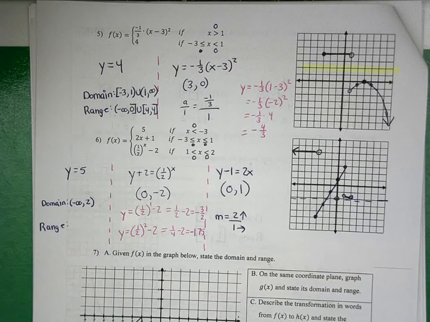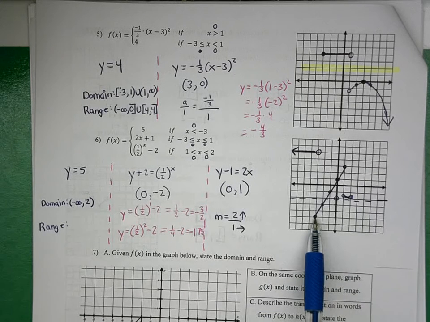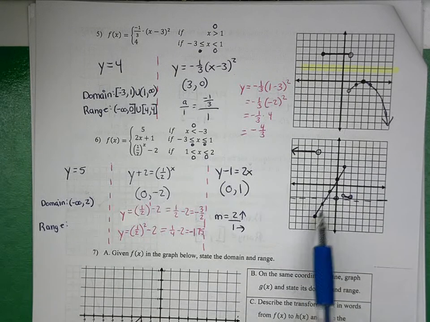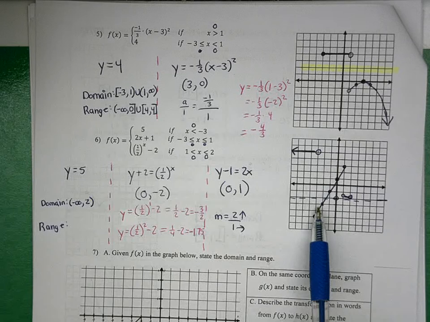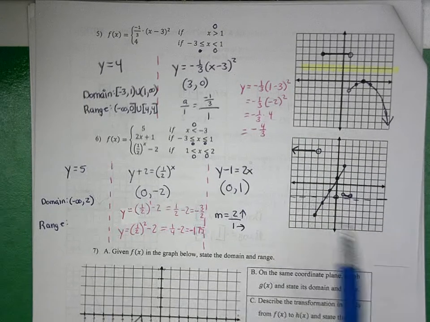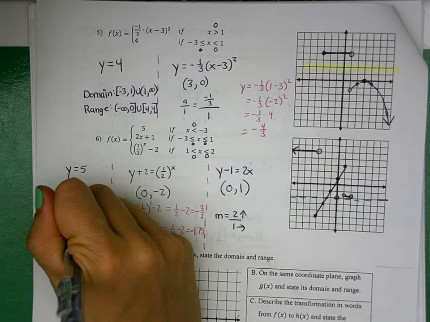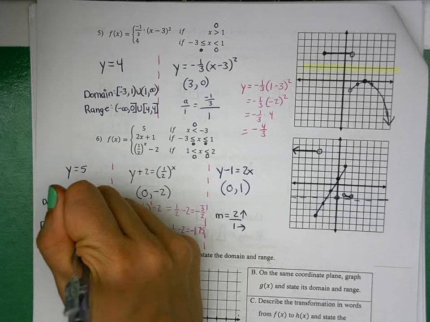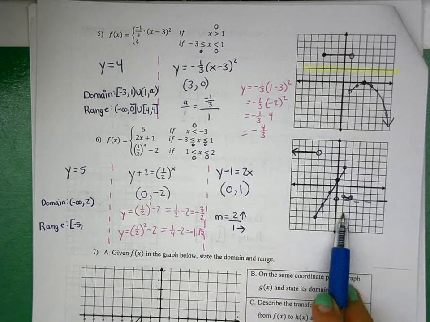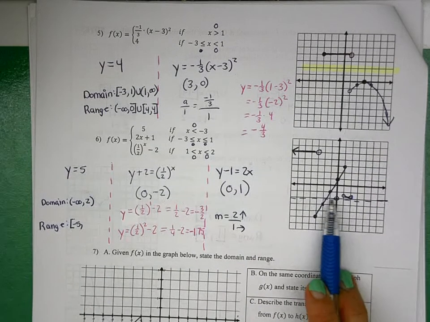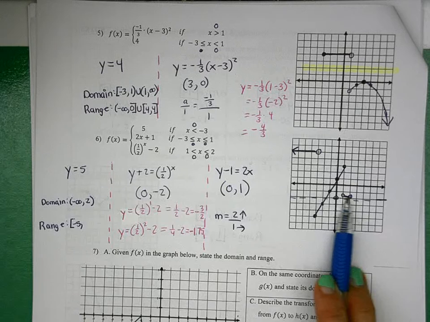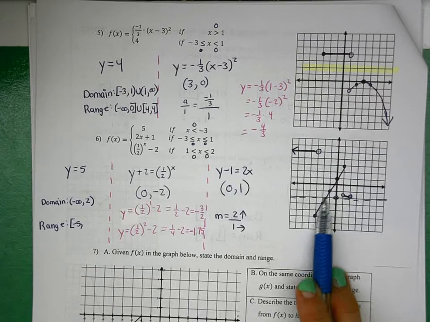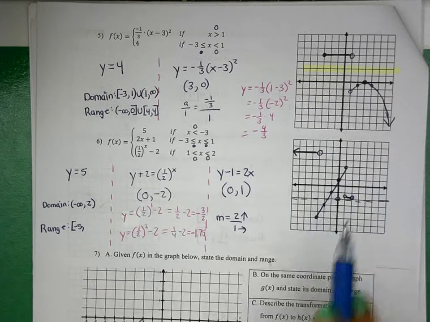Okay, range. The smallest y value I hit is down here at y equals negative 1, 2, 3, 4, 5. And there's a point there, so that's a bracket. And then I'm going to work my way up looking for issues. I got some holes over here, but we have points on this graph to compensate, so I still have y values, so we're good to go.